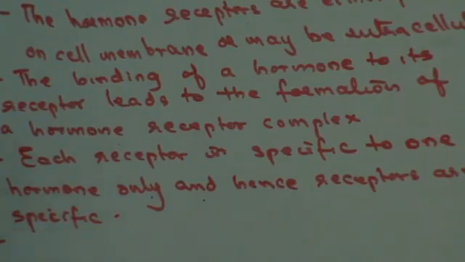Now the formation of a hormone receptor complex leads to certain biochemical changes in the target tissue. That's how the hormones actually act. Once this hormone receptor complex is formed, there are going to be certain biochemical changes in the target tissue, and thus the metabolism and the physiological functions of the target tissue would change.